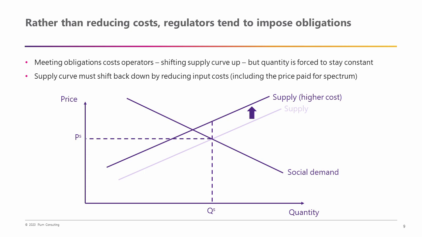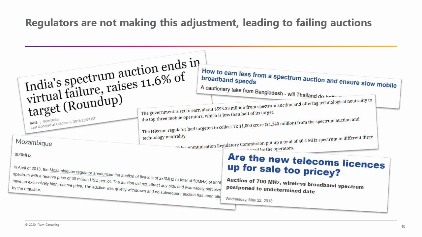To restore it to the right level, the operator needs to lower its costs. There may be inefficiencies to be realised in network design, but regulators have control over the cost of spectrum, and they need to lower this if they are imposing obligations on operators. Many regulators have not done this, and there have been a large number of failed awards over the last few years where reserve prices were set too high or obligations were set too harsh.